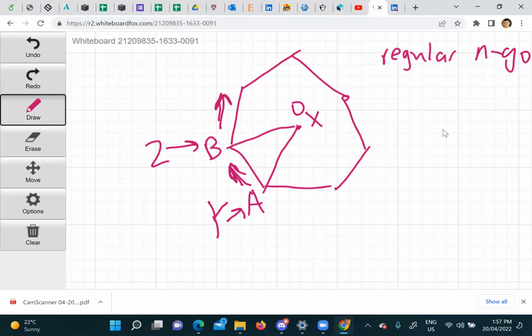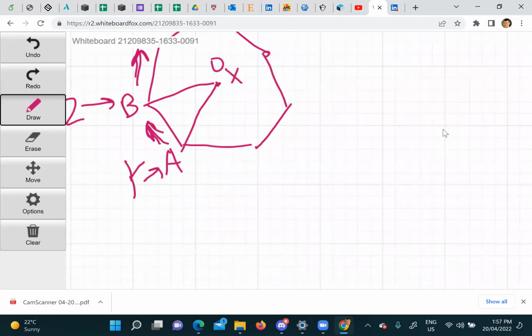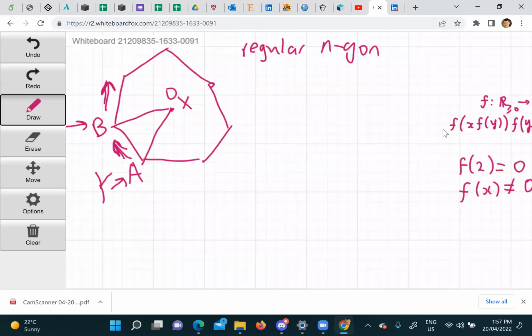Does that make sense? It would move to something like this, such that they're still congruent. X would move here, Y would move here, and Z would move here.